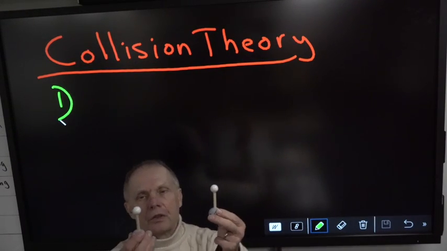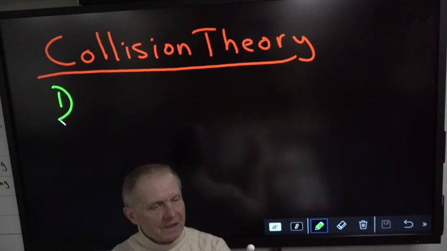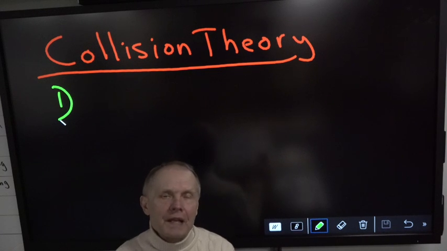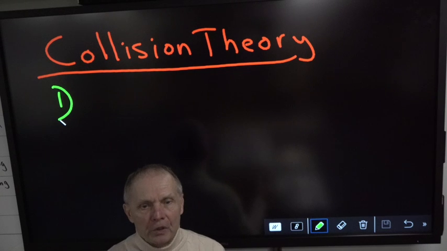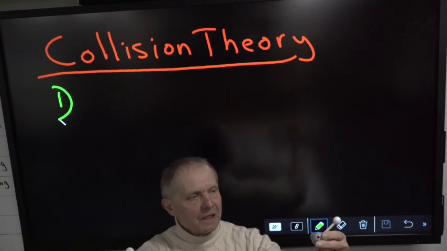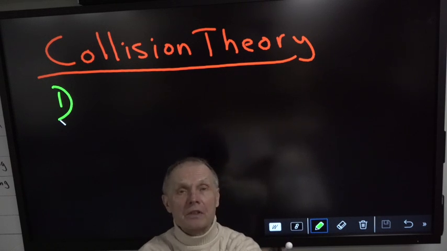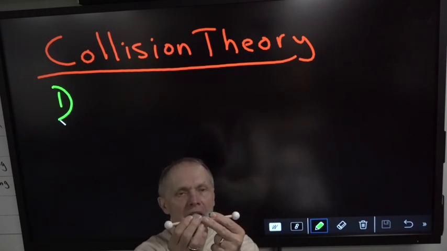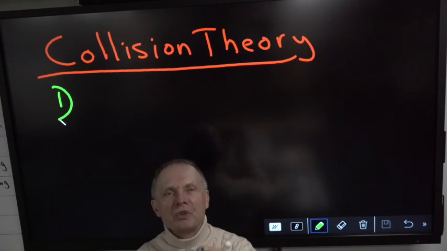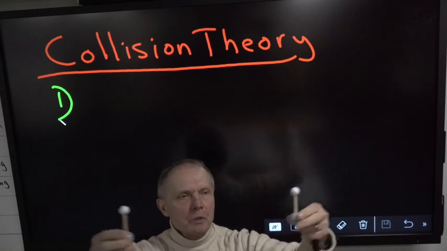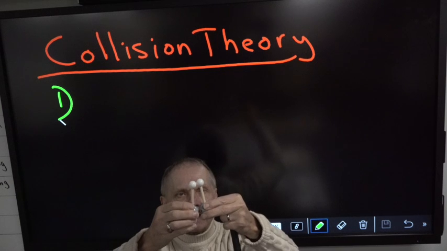I have two molecules of HI, all right? Now, you can't just collide any old way and think you're going to have a chemical reaction. So the first thing is this. If they go past each other, that's not proper orientation. And if they hit this way, that's not proper orientation. They have to hit a precise way. So if these two molecules are coming toward each other, they would have to hit just like this.